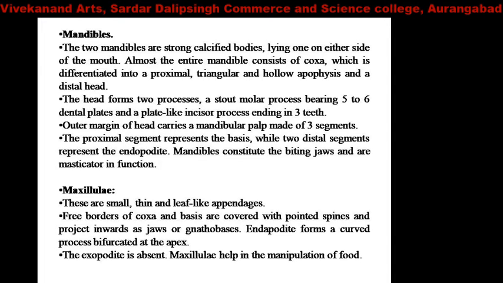The head forms two processes. Exactly at the mouth, above, there will be the head portion, which forms two processes: a stout molar process bearing 5 to 6 dental plates and a plate-like incisor process ending in 3 teeth. The teeth are not well developed teeth. Near the dental plates you will see 3 teeth.